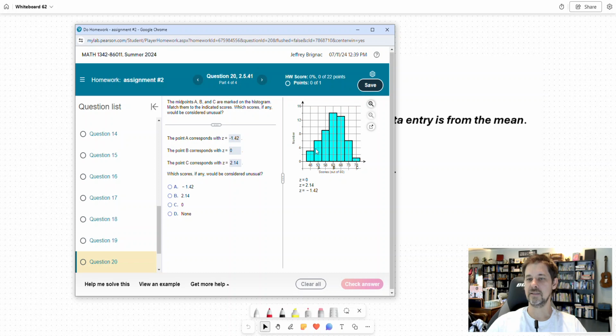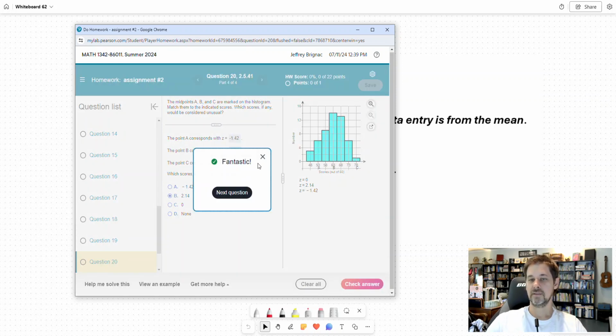Most of the data is in the middle, as you can see here. So if being more than 2 standard deviations from the mean is unusual, then this z-score represents a data point that is unusual. Okay, so we can check the answer, and there we go.